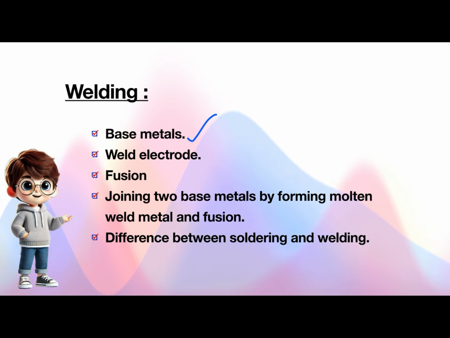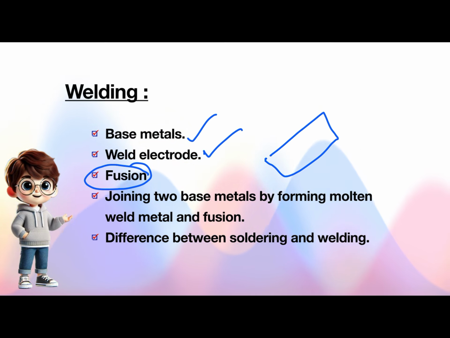Base metals means, if you want to perform welding to connect a plate to a beam, the plate and beam we call base metals. The pieces which are going to be joined together by welding are called base metals. Weld electrode: the electrode with which you perform welding to form a welded joint, we call the weld electrode.